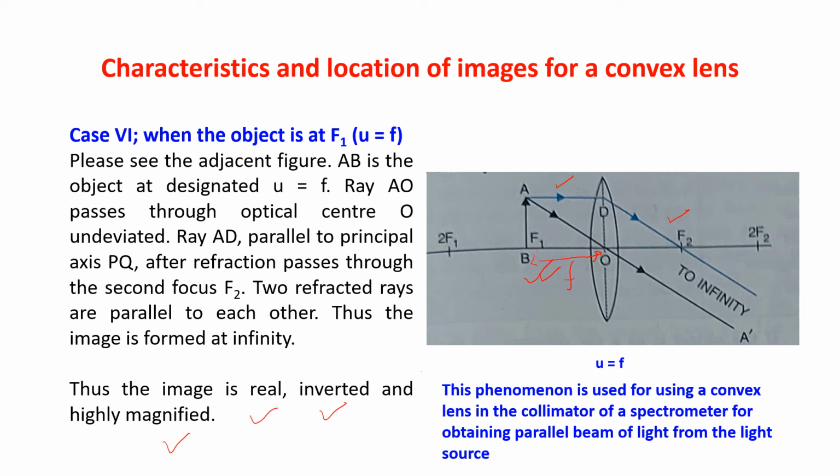This phenomenon is used for a convex lens in the collimator of a spectrometer for obtaining a parallel beam of light from the light source. Clear?